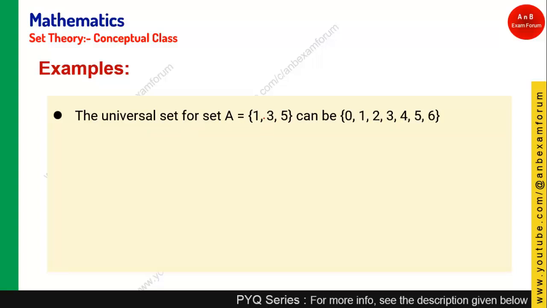Because all the elements which are present in set A are already in there. So the universal set for A can be this, and if you go further it can be natural numbers also, and if you go further it can be integers also. So Z can be the universe for this set as well as this set. Universal means it is a big set which contains all the elements present in it.